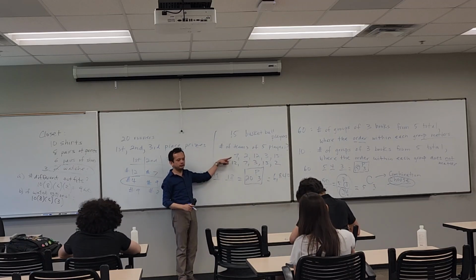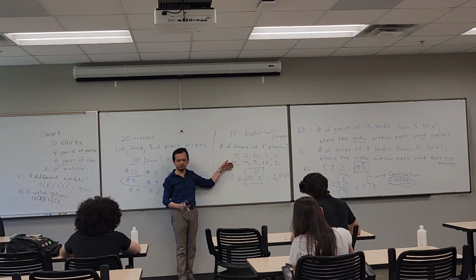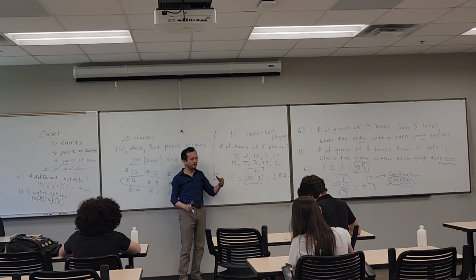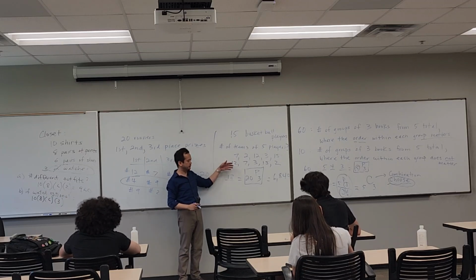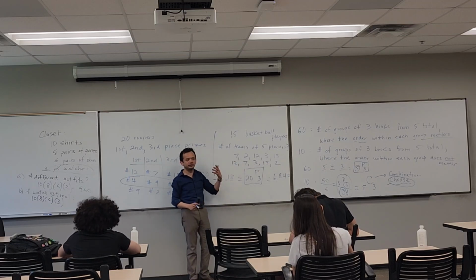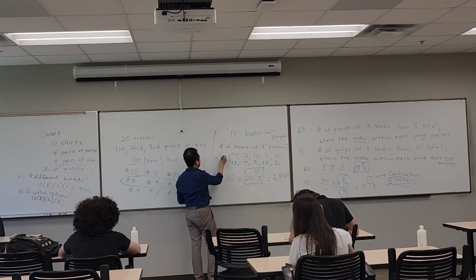Should these represent 2 different basketball teams, or are they the same basketball team? They're the same, because all we're doing is changing the order of the players, but they're the same 5 players. So if you want order to matter, that's a permutation. If you want order to not matter, that's a combination. So this should be 15 combination 5, or 15 choose 5. Any questions?